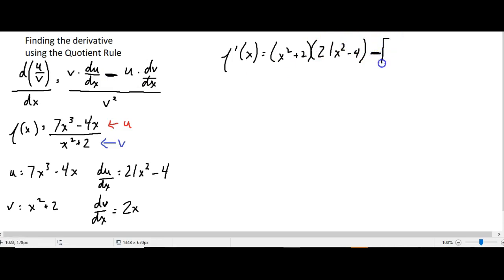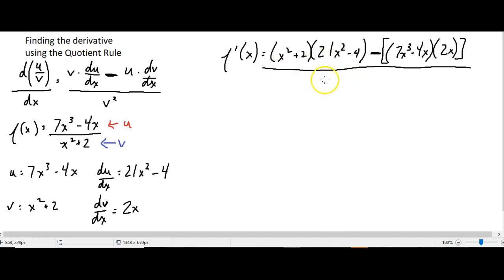I'm going to put this in brackets because we're going to have a product after that. We're going to subtract u times dv dx. Well, u is 7x cubed minus 4x, and dv dx is 2x. And the whole thing is divided by v squared, which is x squared plus 2, that's v, and it will be squared.